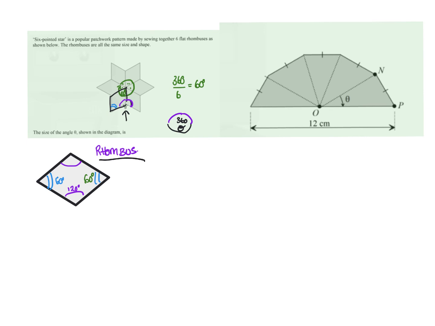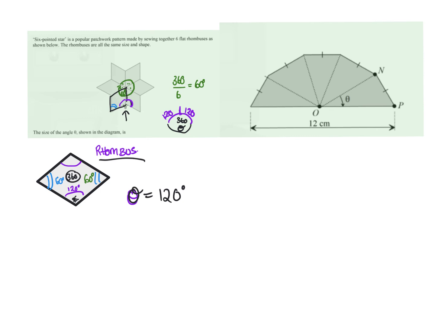Because it's a 4-sided shape, it will have to all add up to 360. So if I've got 60 on each end, then I've still got 240 left, and that's how I get this 120. So now I know up here is 120, 120. So this black bit must also be 120, because it's got to add up to 360. So I know the angle equals 120 degrees. So there's a few ways to find it.